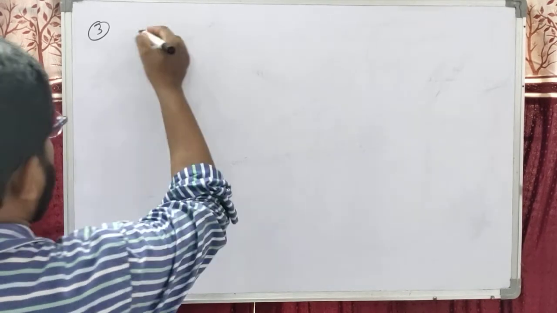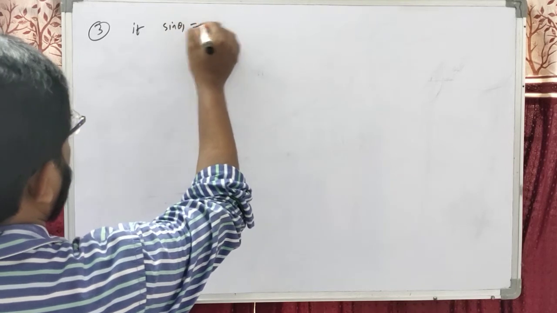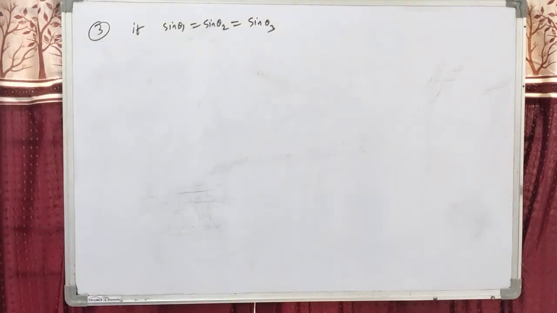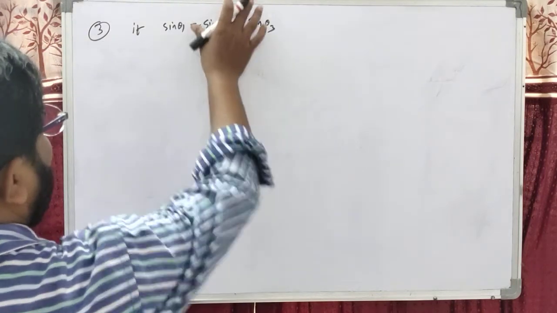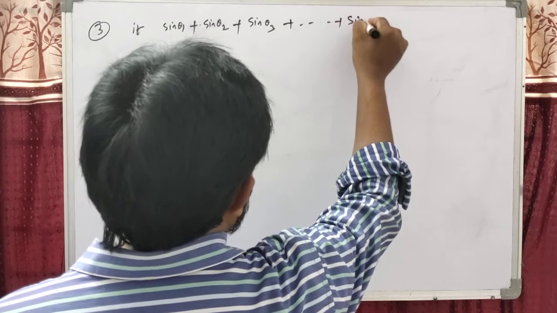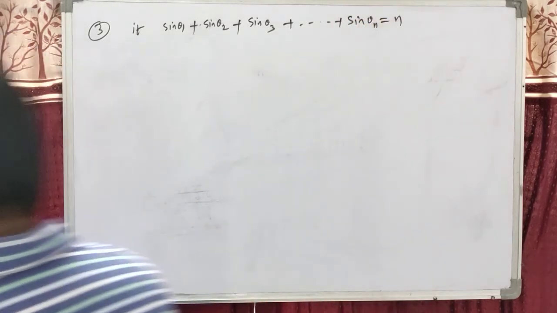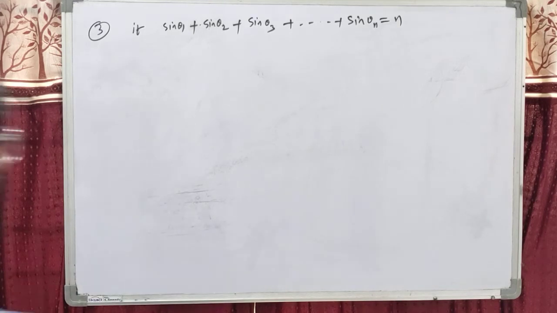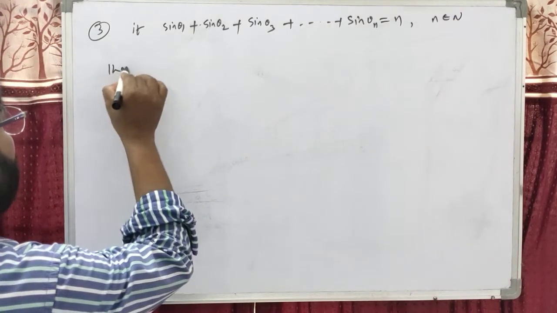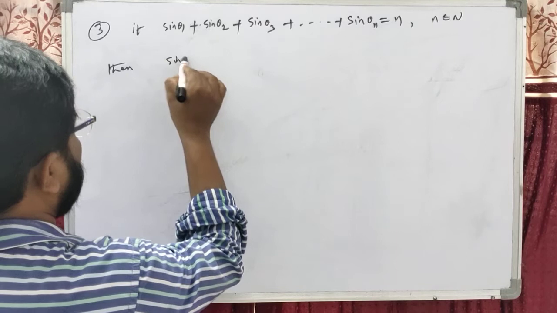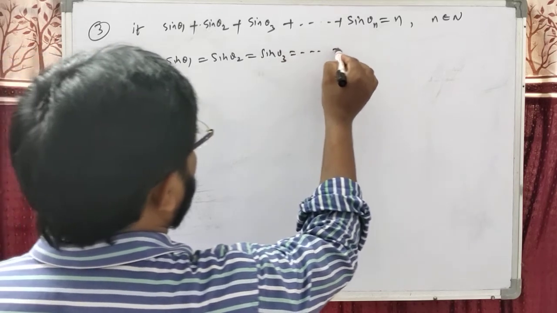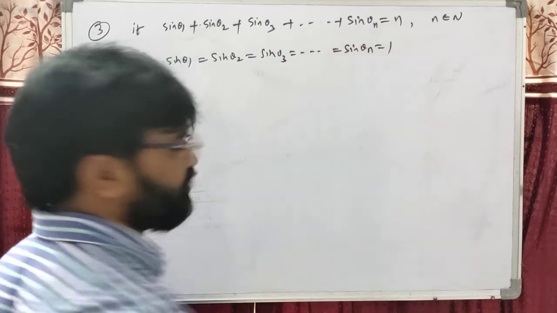Dear students, the third identity: if sine theta 1 plus sine theta 2 plus sine theta 3 and so on, plus sine theta n equals n, where n belongs to the natural numbers, then undoubtedly sine theta 1 equals sine theta 2 equals sine theta 3 and so on, and these must all be 1.